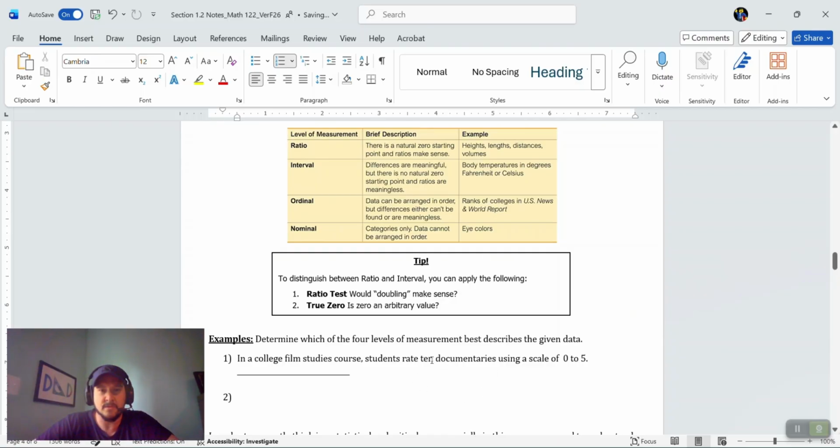Students rate 10 documentaries using a scale of 0 to 5. We could assign the ratings to each one of the 10 documentaries, and then order it: group the documentaries with a score of 0, if any, then documentaries with a score of 1, and so on.